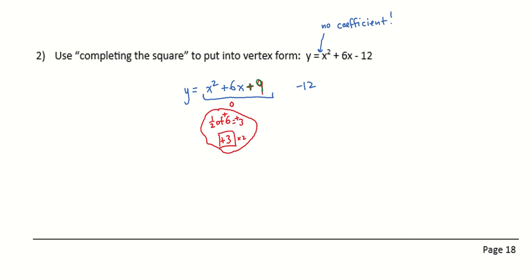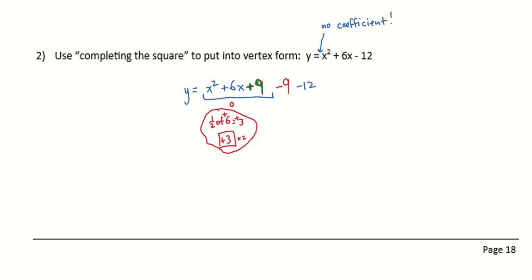Okay, so the only problem is we can't just start adding 9 whenever it suits us. But what we can do here, right next to it, is subtract 9 so that basically nothing happened. So if I add 9 and subtract 9, it kind of neutralizes out, and it's like we didn't do anything. So no harm done.